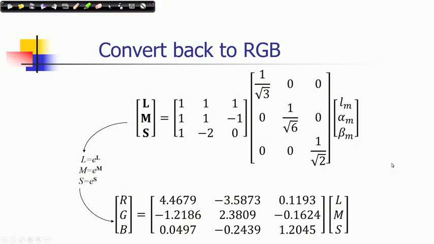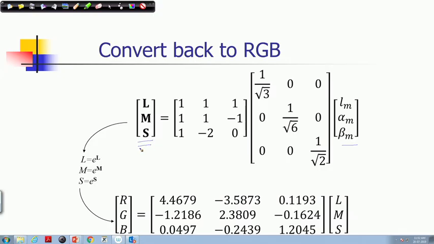That means, after modifying the L alpha beta components, again you are taking those values into this space LMS, but this is the logarithmic space of the LMS cone color space. So, this is a logarithm of LMS cone color values.